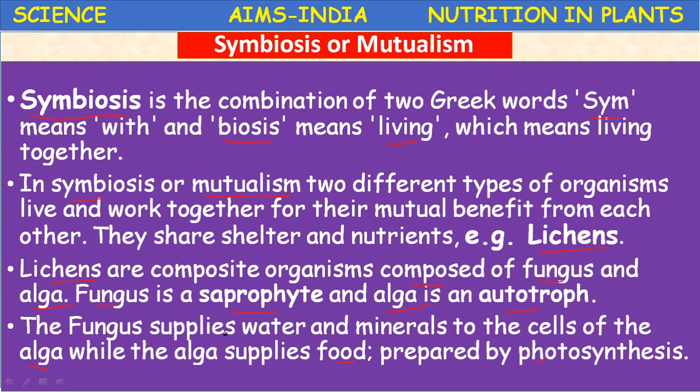For the preparation of that food, water and minerals are required, which are supplied by the fungus. After photosynthesis, the sugar or starch is absorbed by the fungus. So they live together. Actually, these lichens are present near the seashores.